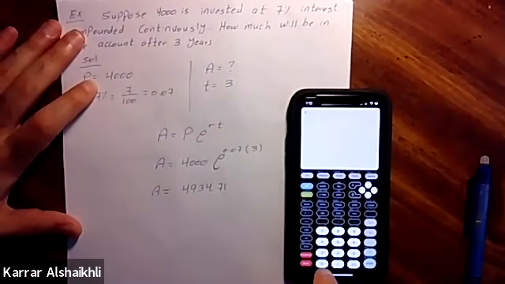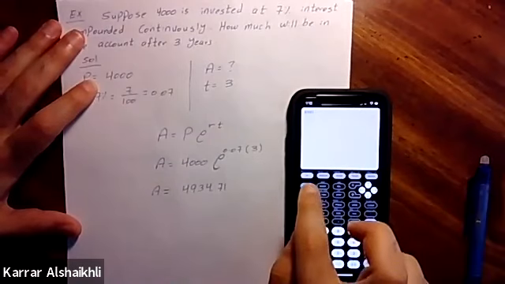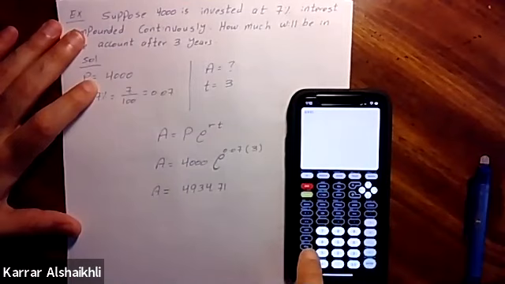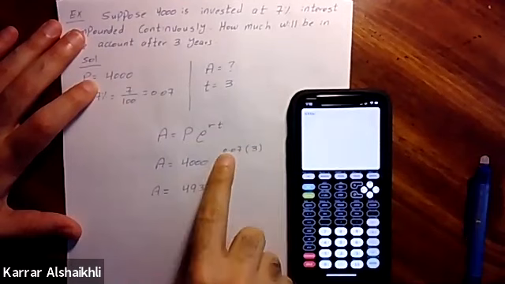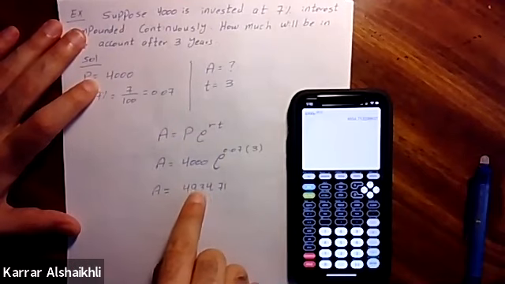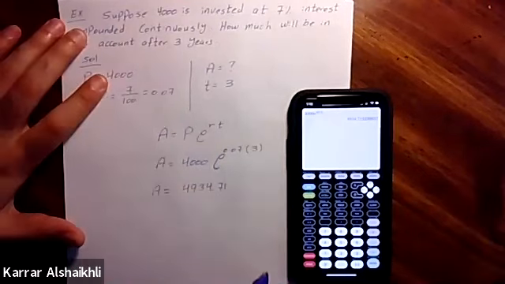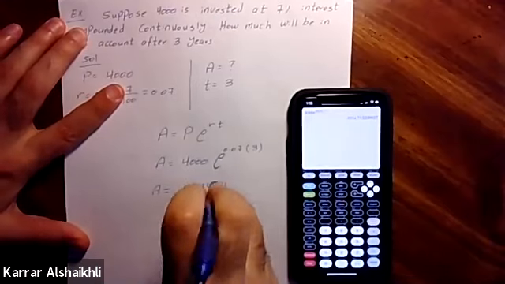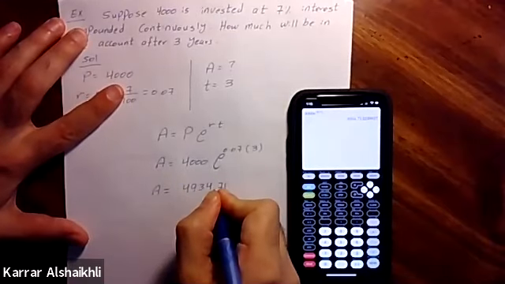So 4,000, you're gonna press the second and the ln, then type 0.07 times 3, or parentheses with 3, and here's the result, 4,934.71. And be careful, always they're gonna ask you to round the number.